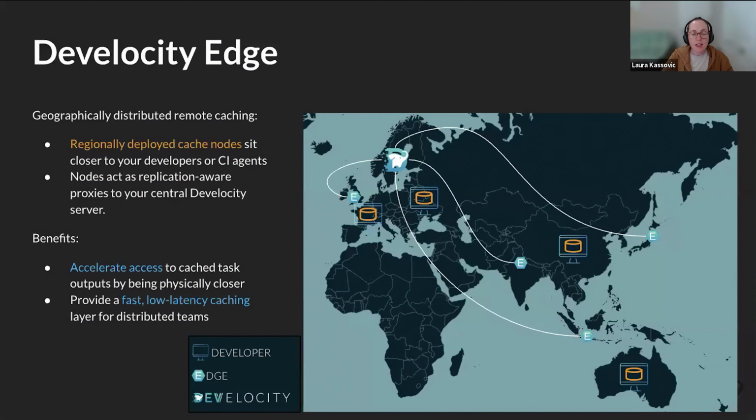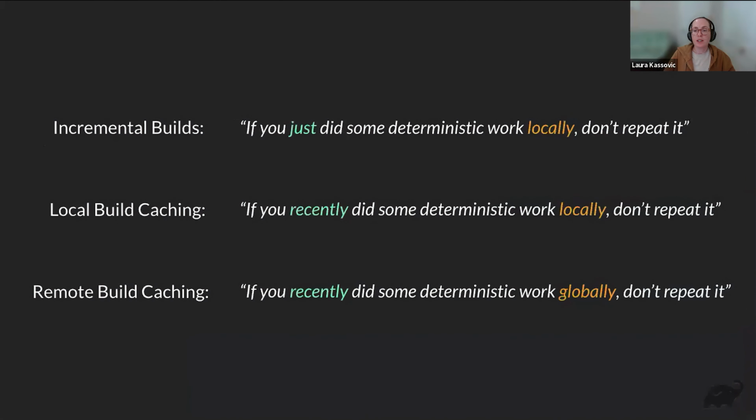Think of it as a CDN for your build outputs. And this replaces older cache nodes with a much simpler, high availability solution that is really easy to manage and works for highly distributed teams. So with that, I'm going to hand it back to Akshay in a second.